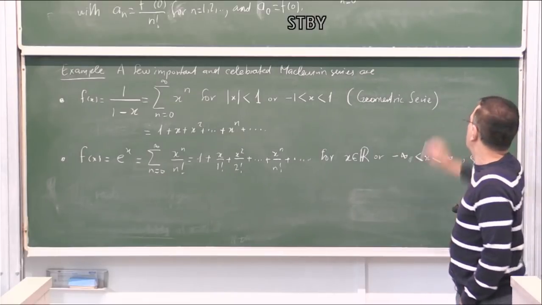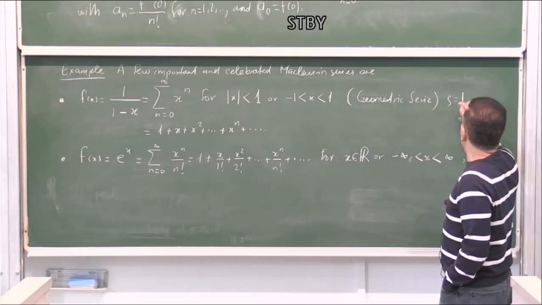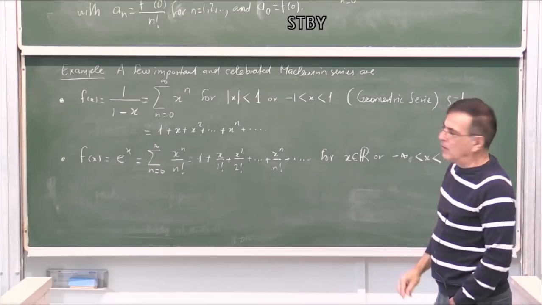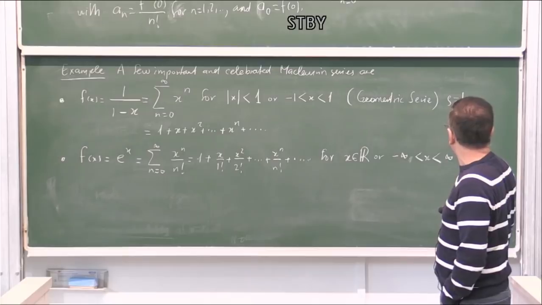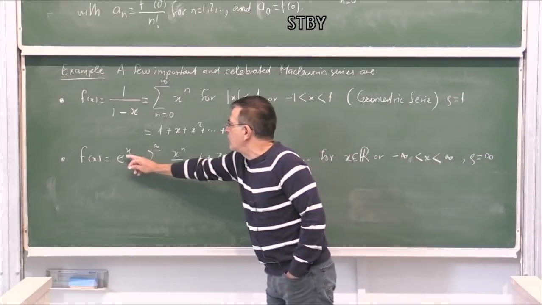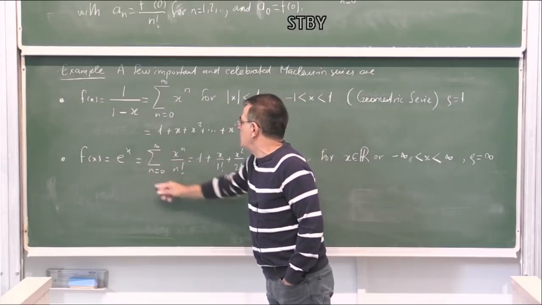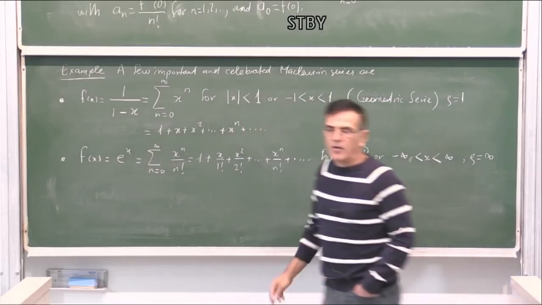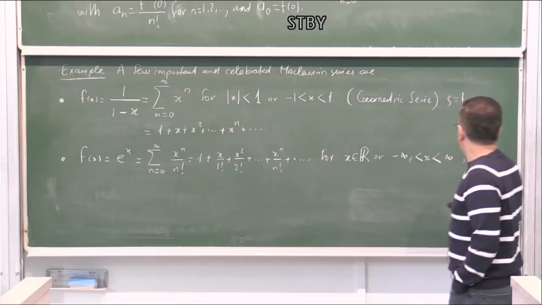Okay? For the geometric series, rho is 1. Radius of convergence of the geometric series is 1. The radius of convergence for the series representing e to power x is infinity.